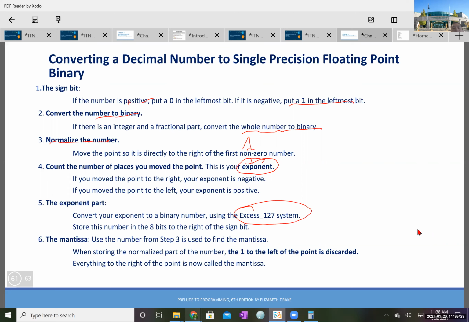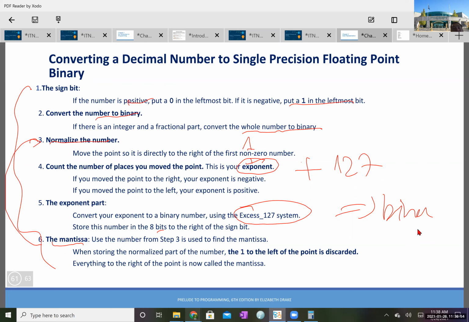That means you have to add it to 127 here, and after that you convert it to binary in 8 bits here. And for the mantissa here, you use the digits from the step before, and when you store the normalized part of the number, the number 1 to the left is discarded. Right? So actually a lot of information here, but you will find it way easier when you're working with the real problem here. So here's the thing.